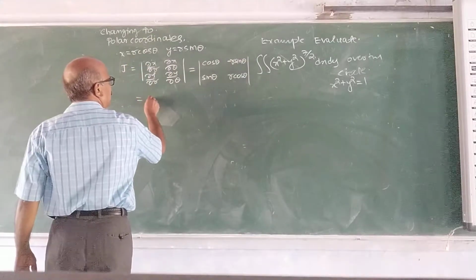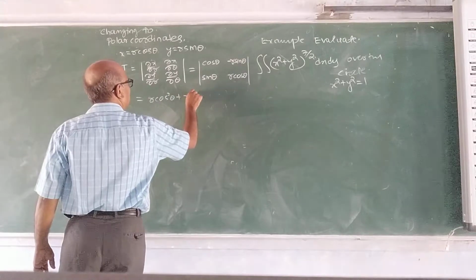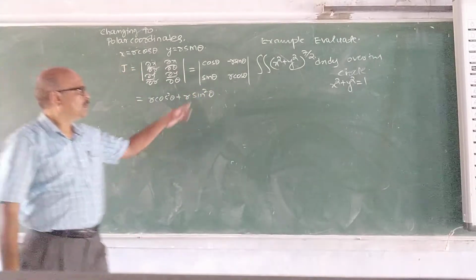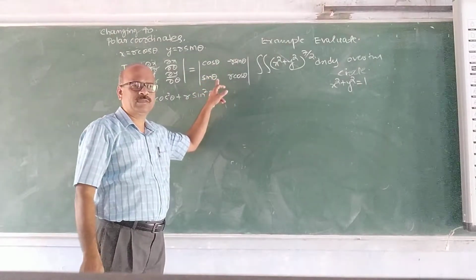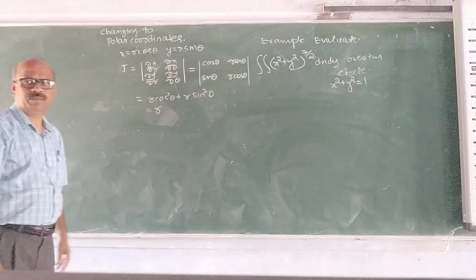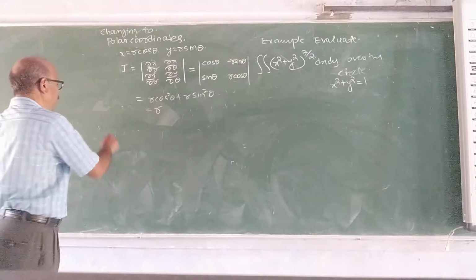Simplify this. It is r cos² θ plus r sin² θ. You know the determinants: r cos θ into cos θ gives r cos² θ, minus of minus gives plus. So the Jacobian is r. So first obtain this Jacobian.